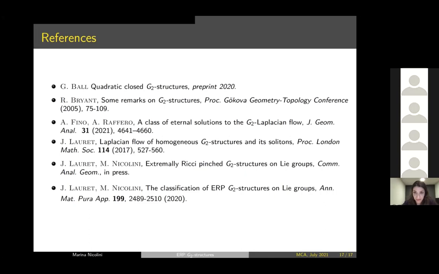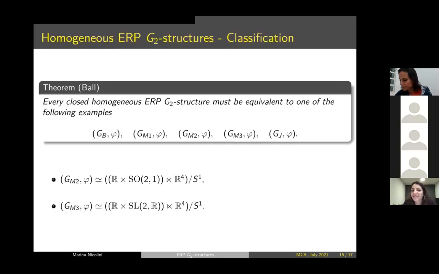I have one small question. Can you say anything more about the compact example of Gavin Ball? I can't, but maybe Jorge can. Something more about what?